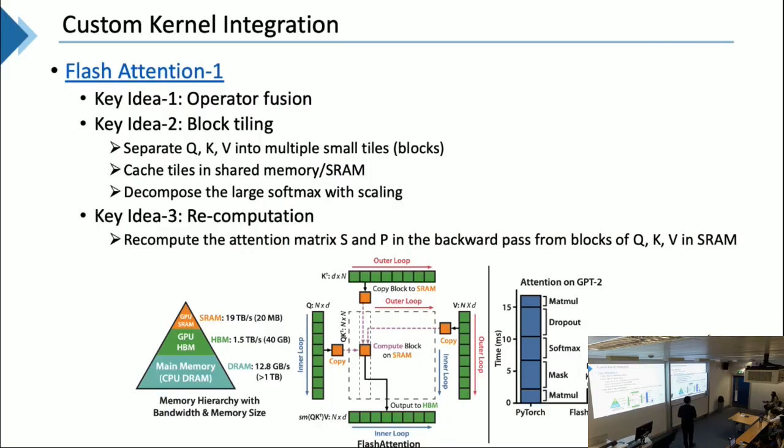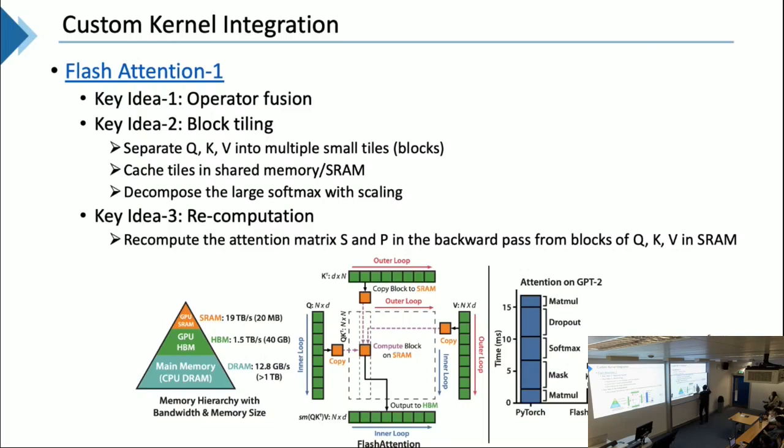Once you try to implement this fused kernel on the self-attention module, you realize it's very challenging, because recall that usually we have large sequence lengths. Let's say the sequence length can go up to thousands. If you do this operator fusion, you need to cache all the intermediate activations associated with these thousands of tokens in on-chip memory, which is SRAM.